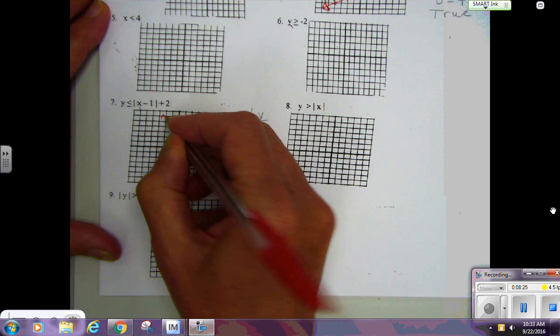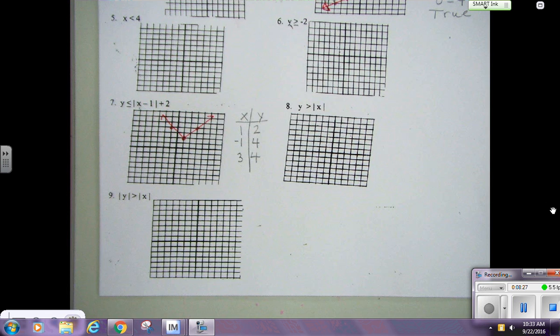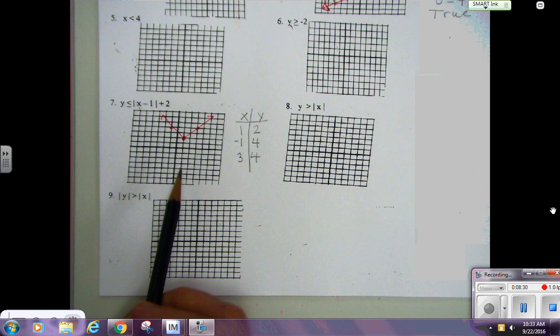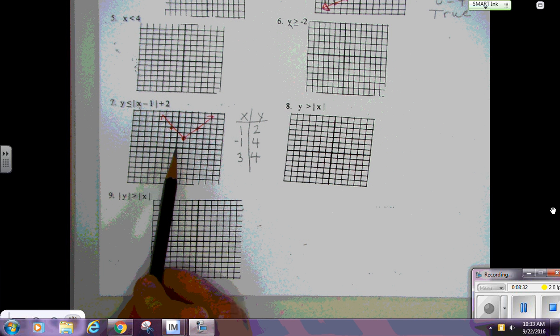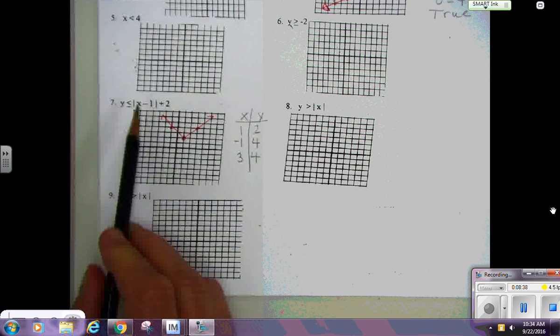And now I have to decide if I'm going to shade inside the V or outside the V. Okay, so again, 0, 0 is not on the graph. It's not on the shape. So I'm going to use that point and plug it into the original problem.